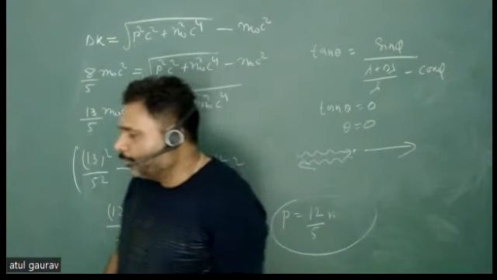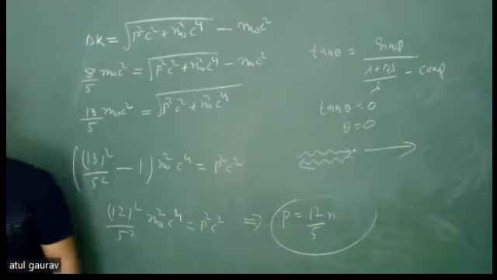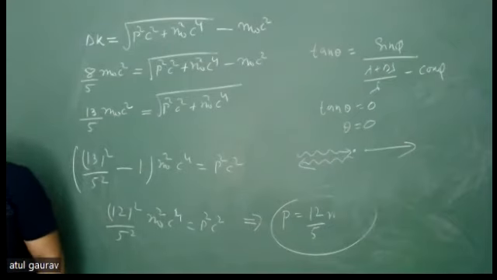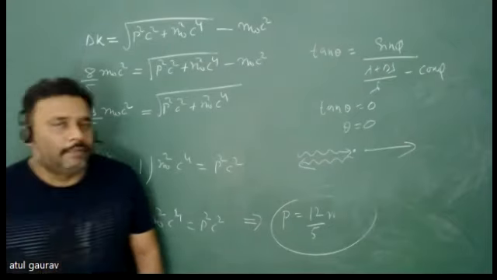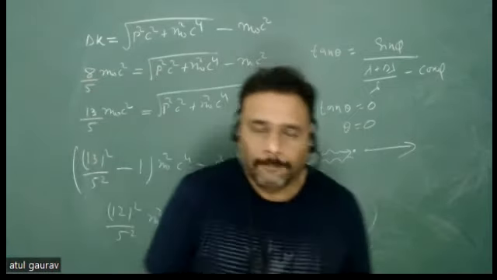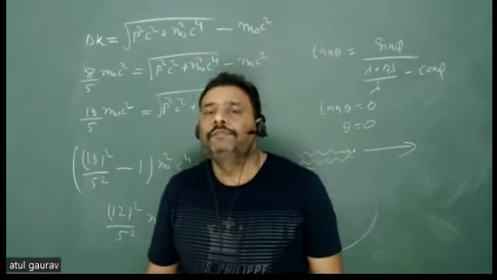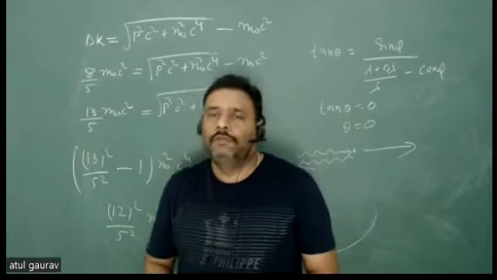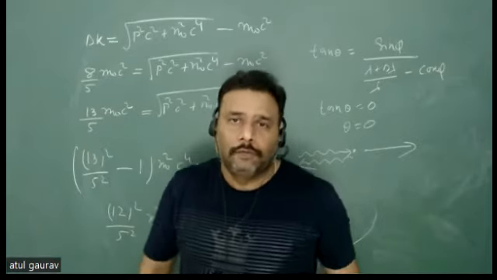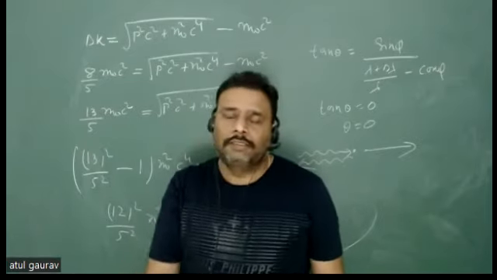Phi. And minimum for what angle? Zero. So there is no separate peak at 0. Both the peaks will merge.